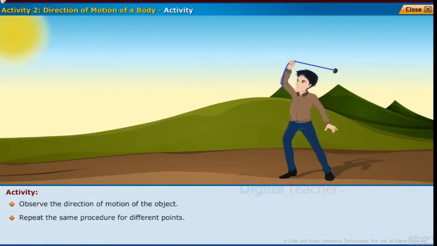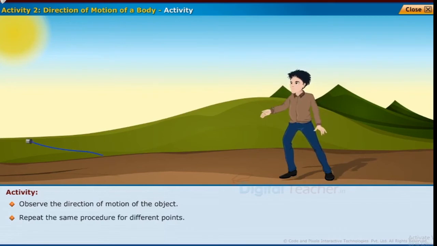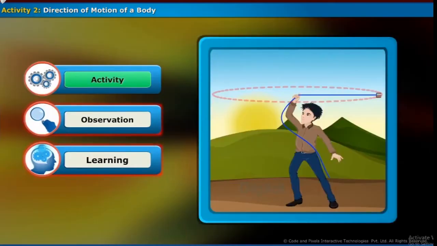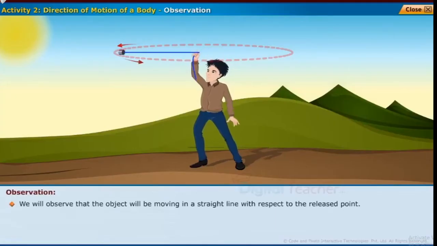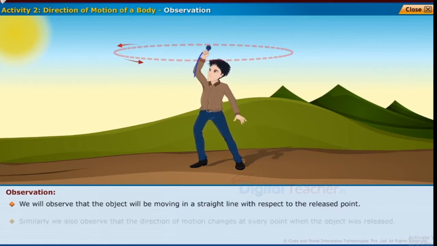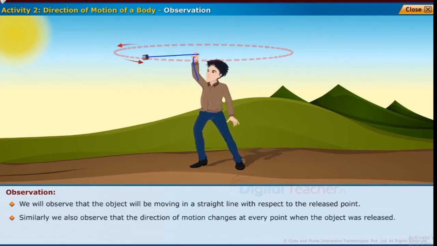Repeat the same procedure for different points. We will observe that the object moves in a straight line from the released point. Similarly, we also observe that the direction of motion changes with every point at which the object is released.